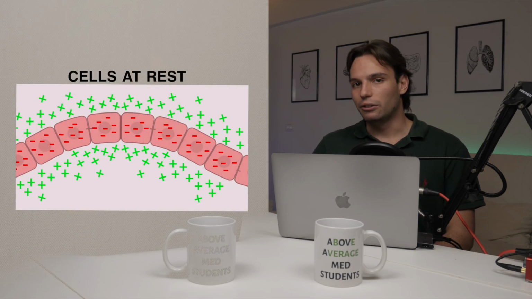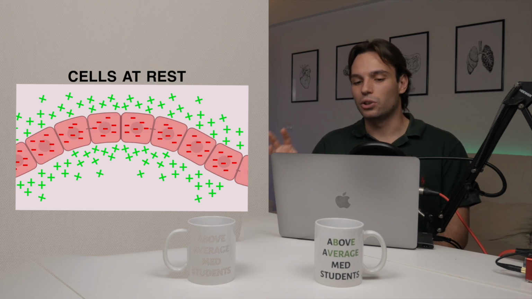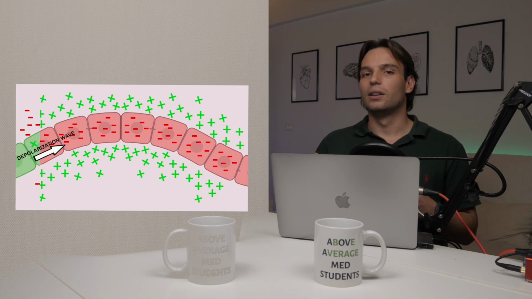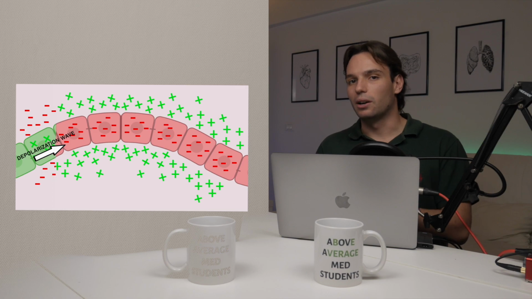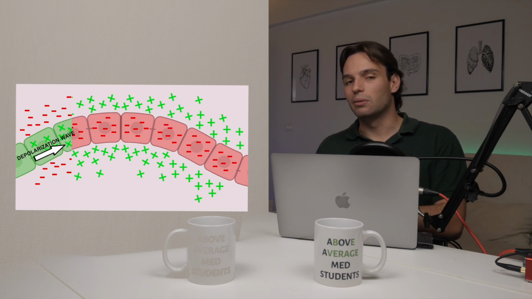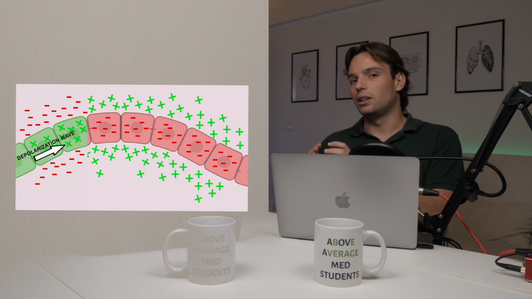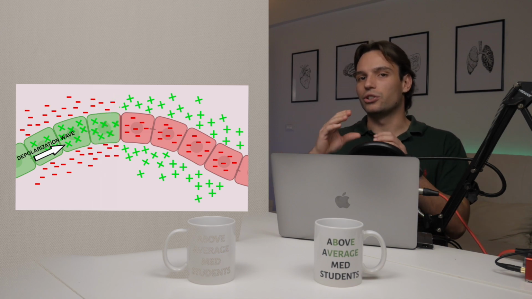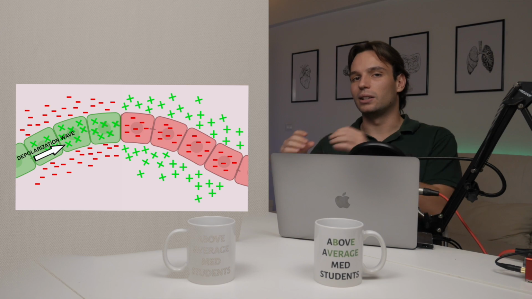Let's imagine a depolarization event. If a depolarization starting from one cell spreads to adjacent cells, we can observe a movement of charges along those cells, because these cells will become more positive inside and more negative outside, and if the depolarization wave moves cell to cell, the charges are moving both inside cells and outside cells.